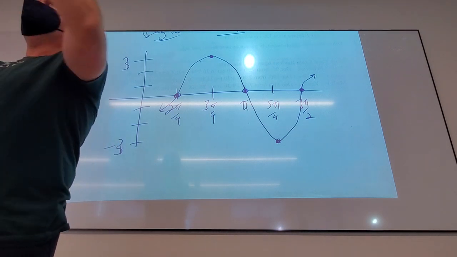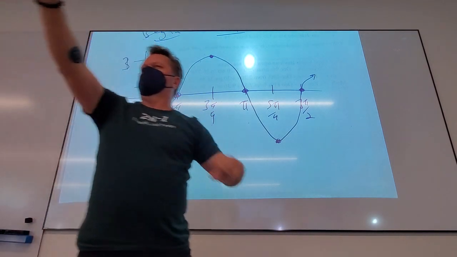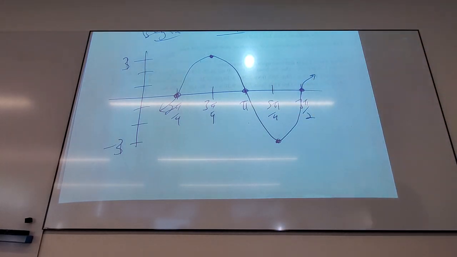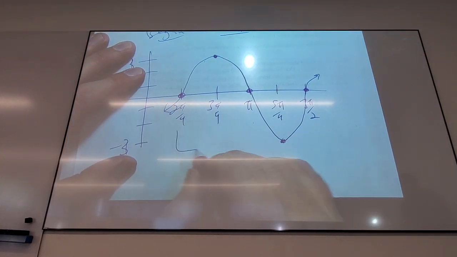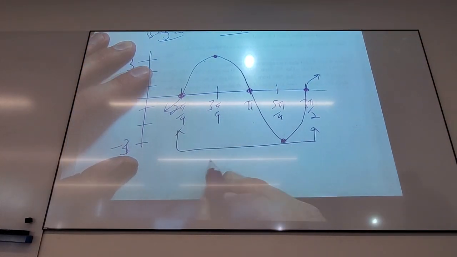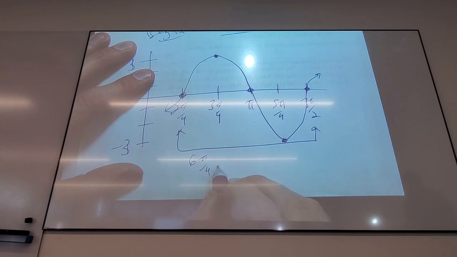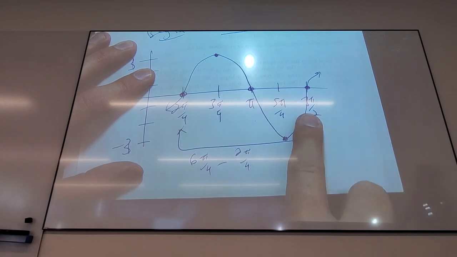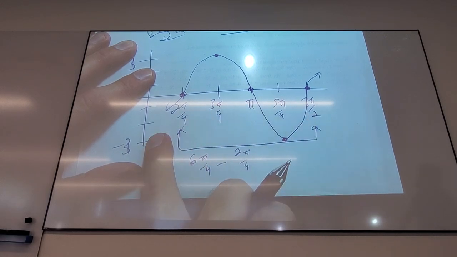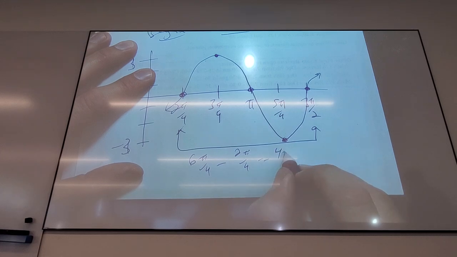You know each step. Now real quick, visually, what's the period? Yes, 6 pi over 4 minus 2 pi over 4, which matches up.